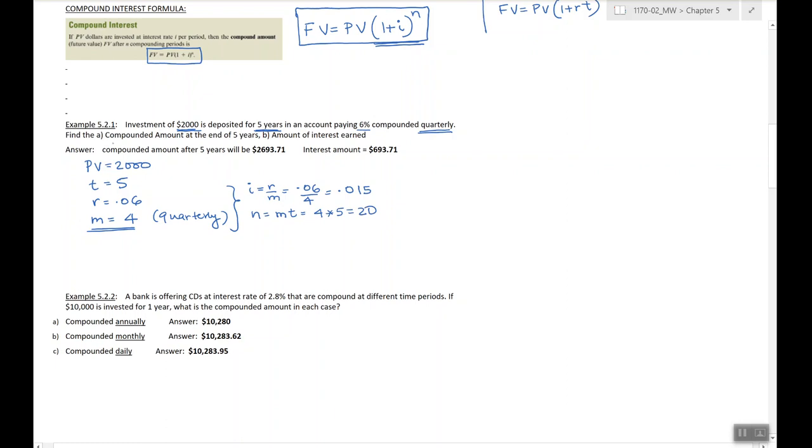Okay, so the first thing is to find the compounded amount after 5 years. That means we have to find the future value, which we know is given by this formula. So we can plug in all the quantities.